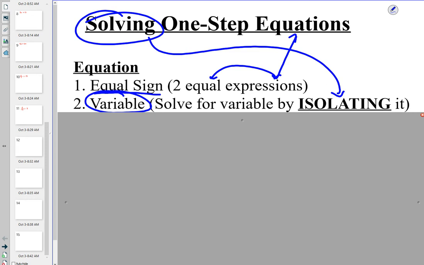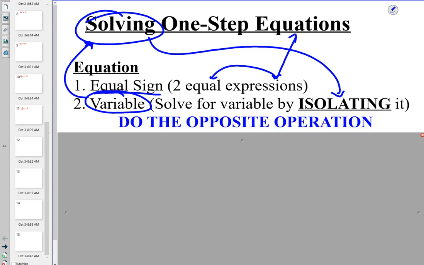In math, what do we call an unknown number? A variable. So we take this unknown number, and another difference between an expression and an equation is that by the time you're done solving an equation, you should know what that variable is. You should be able to tell me x equals 5, y equals -2. We take an unknown number and make it known. How bored are you now?